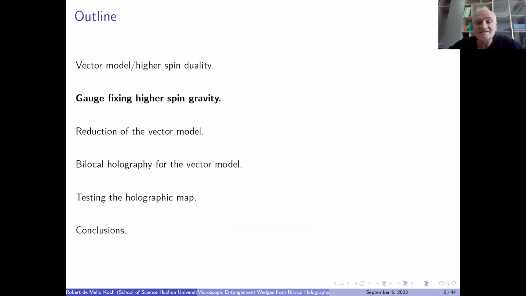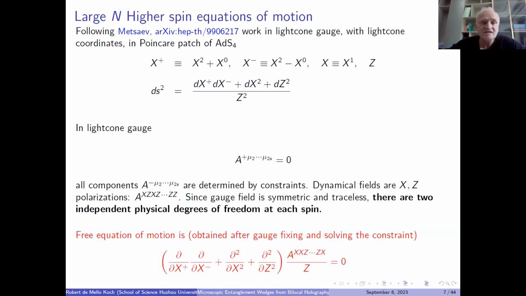So I'm going to start by discussing the gauge fixed higher spin gravity, and in this case, we'll be able to fix the gauge completely. So I'm going to follow Metsaev and work in light cone gauge. My conventions for light cone coordinates are shown here. So I produce x plus and x minus out of x0 and x2. x1, which I will just call x, is a direction transverse to the light cone, and z is the holographic dimension of AdS4, the radial coordinate.